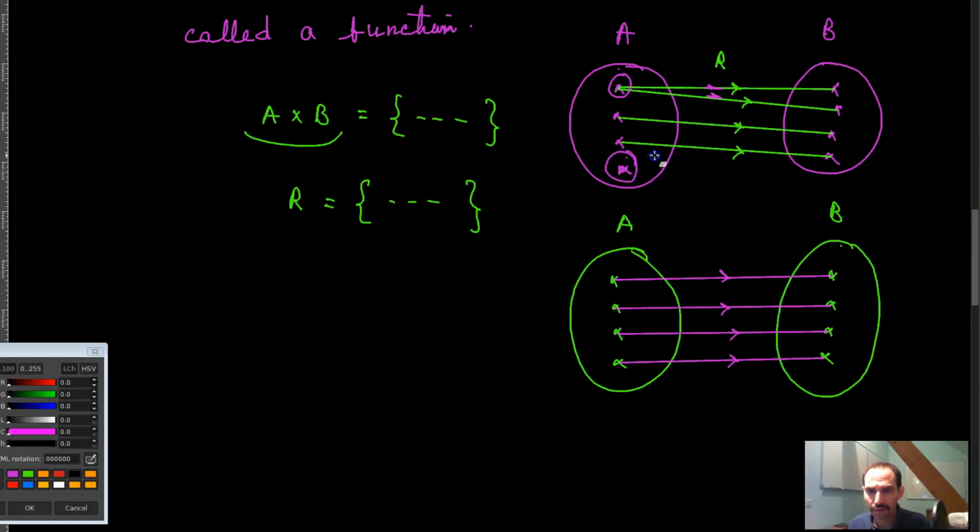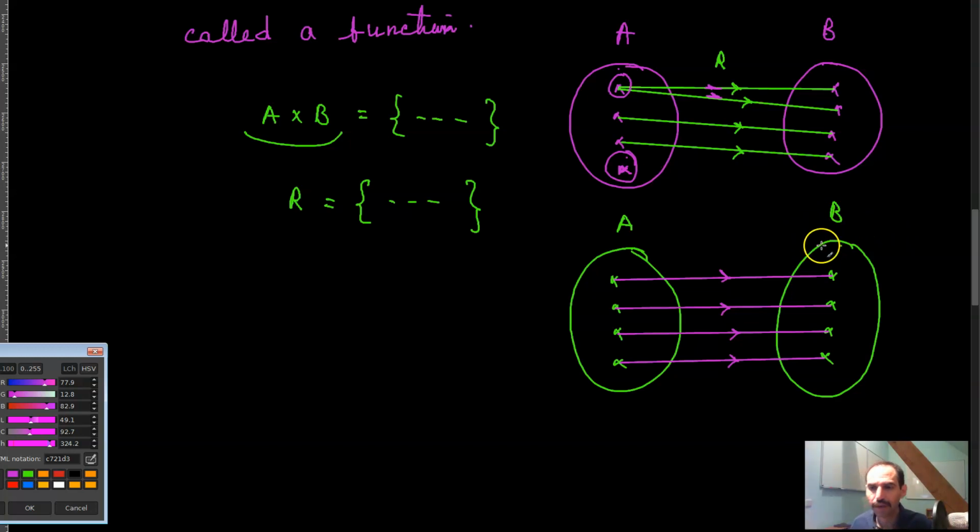Now suppose I say, okay, I don't want this to be so untidy. I want to tidy things up. I want every element in here to be mapped to some element in the second set, the codomain.